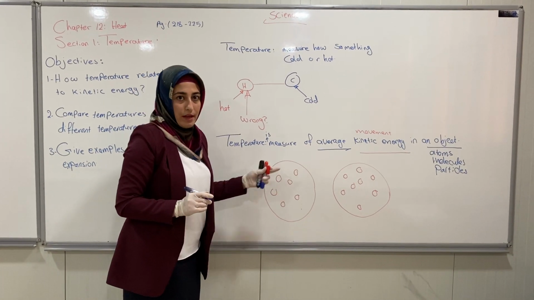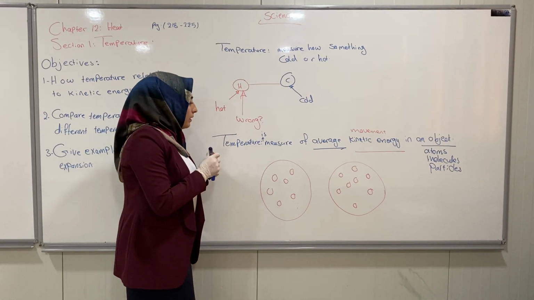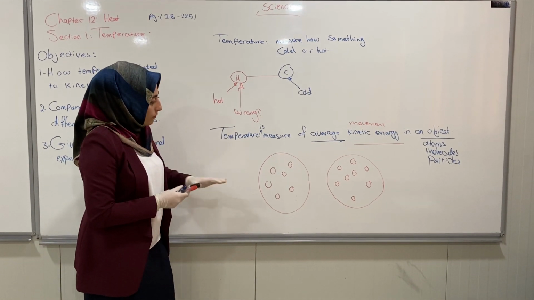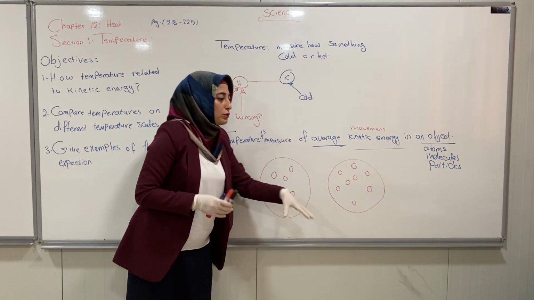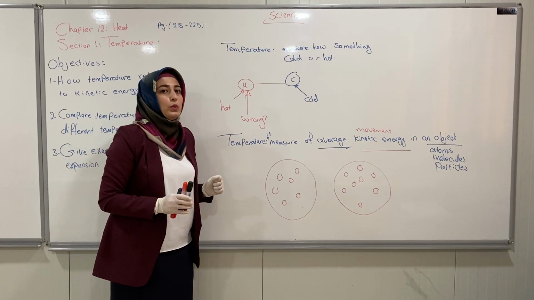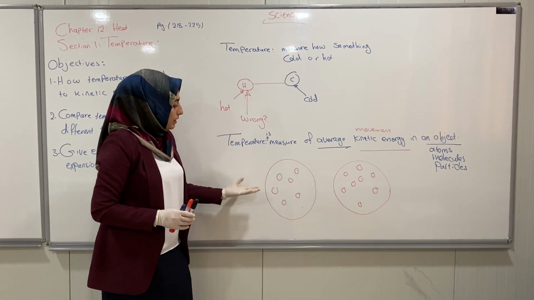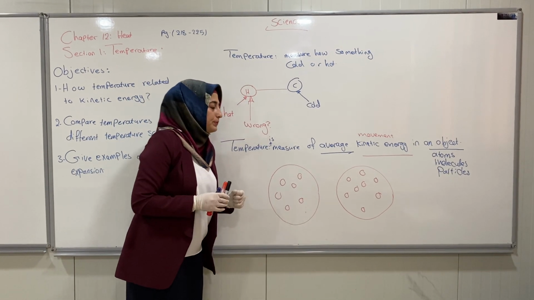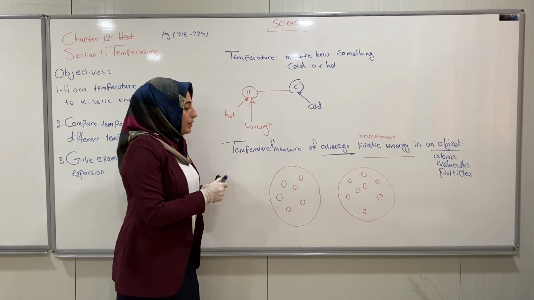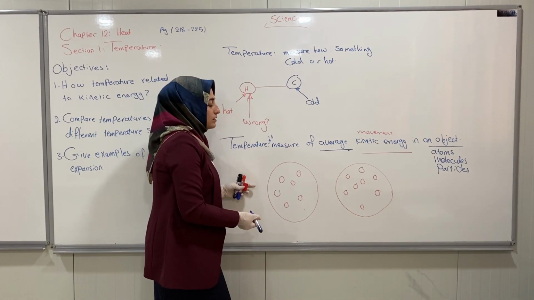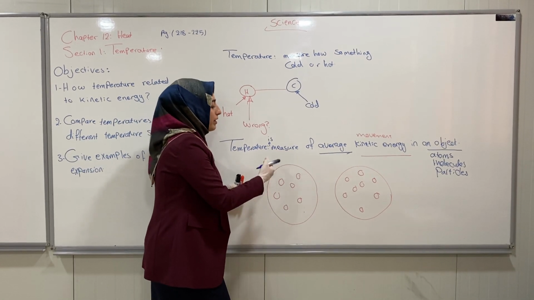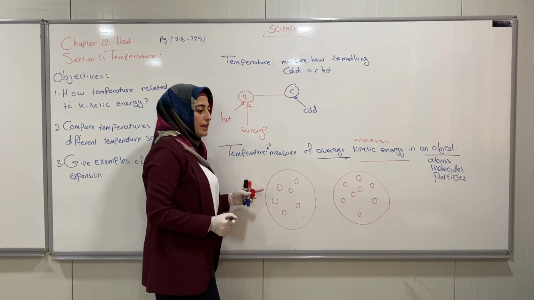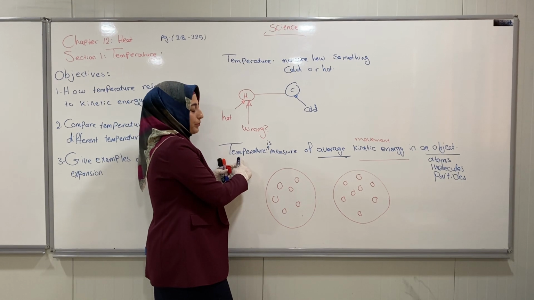So what about average? You got it in math. Look, we have two different places with two different temperatures. Look at this one and this one. The average movement, or the average kinetic energy of the particles inside an object, is called temperature.